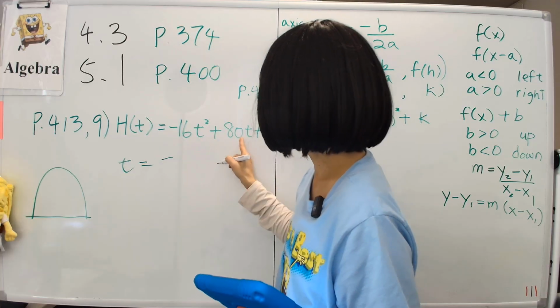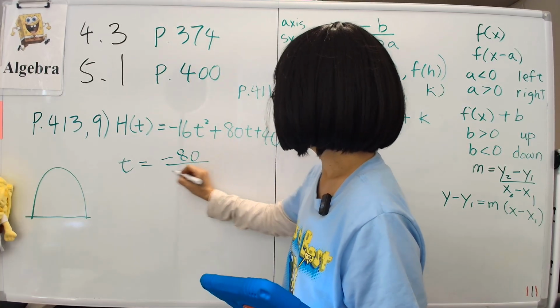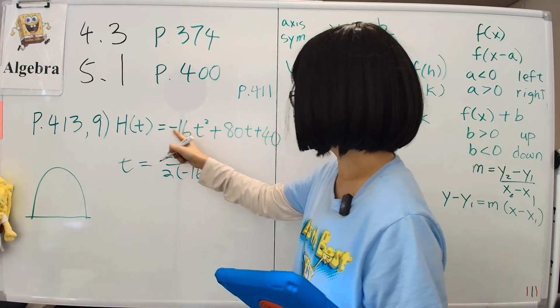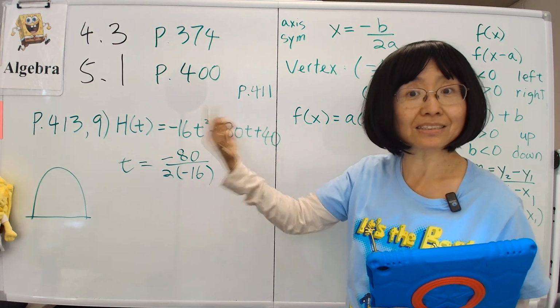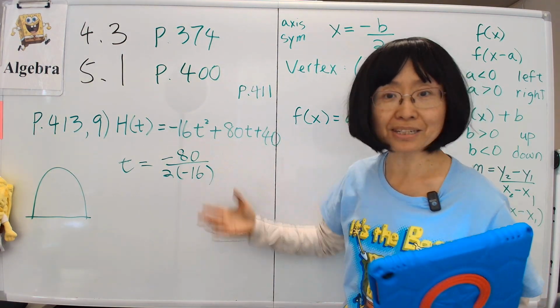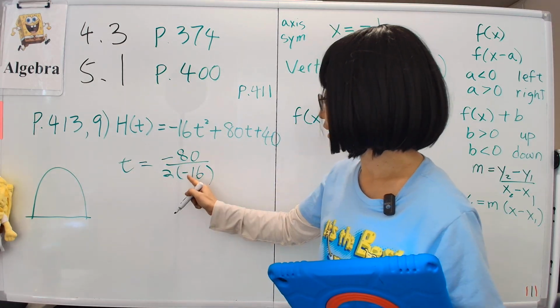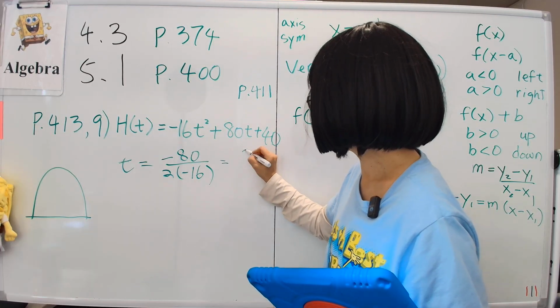So minus b is minus 80, divided by 2 times negative 16. The negative is very important. The parabola had better be upside down. Otherwise, if it's like this, that means your ball will come down to the ground and shoot to infinity, which doesn't make any sense at all. You notice the 2 negative signs cancel each other out, so that equals 5 over 2.